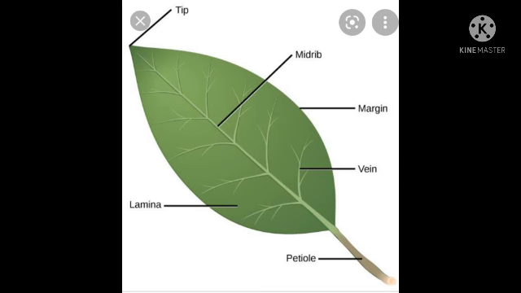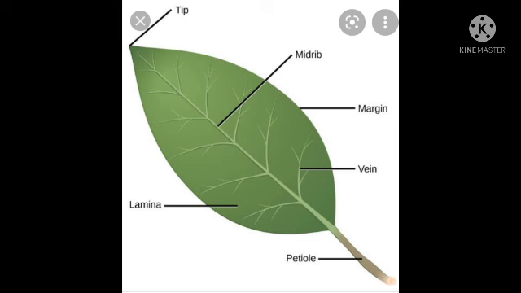The next topic is leaf. Parts of the leaf. All of you look at the picture. The leaf is a green color and flat expanded structure borne on the stem at the node.